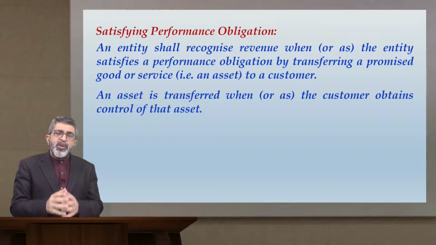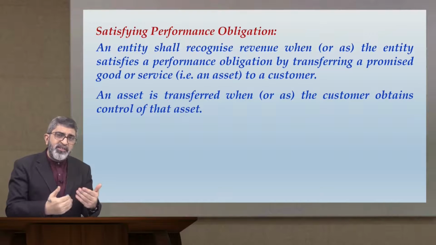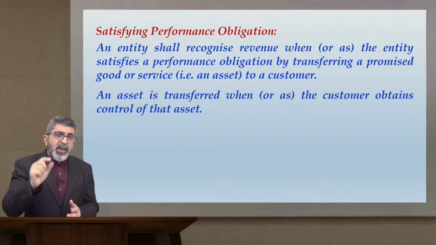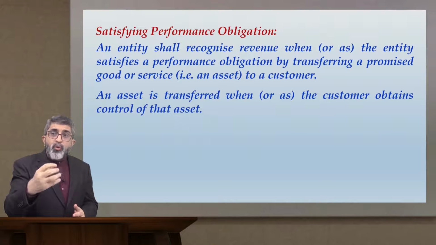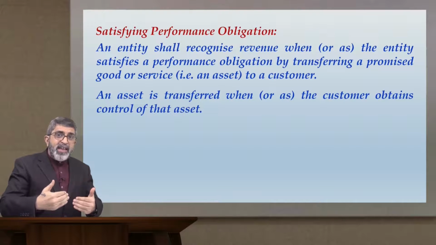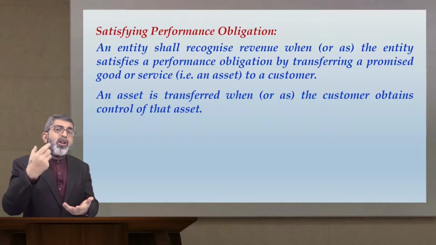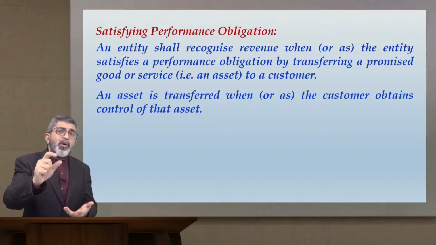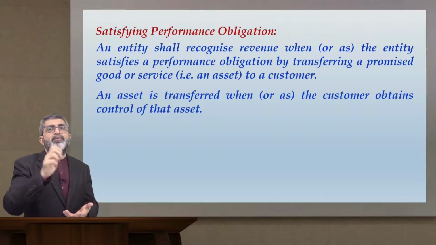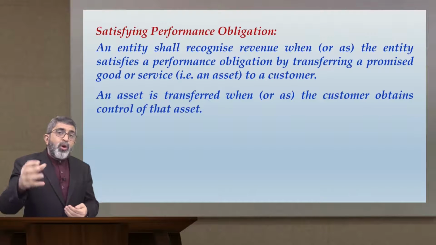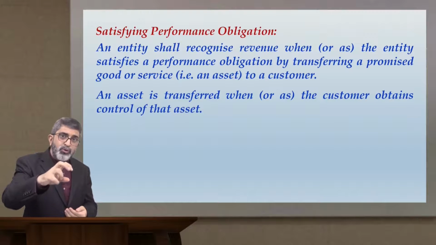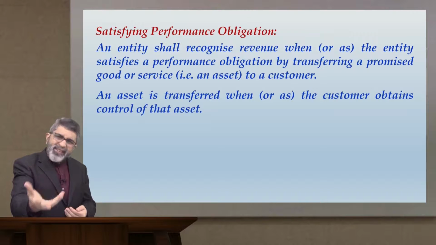You know what the basic condition for the word sale is? It is the point of time where the entity has transferred all risk and rewards pertaining to the ownership of that asset. So whatever goods or service I am supplying to you, all the risk and rewards pertaining to the ownership of that good have been transferred.